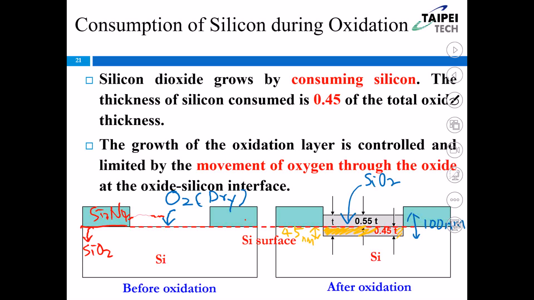On top of the silicon nitride, later there will not be silicon dioxide, because the oxygen atom can only react with the silicon surface, okay? So that's the reason only the central region has the silicon dioxide. So this is the principle for the local oxidation. Later we will use it for our LOCOS, okay?